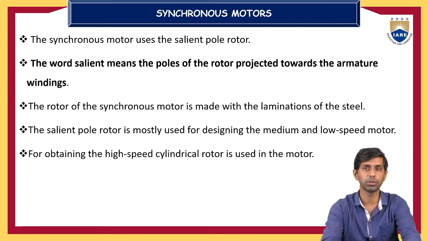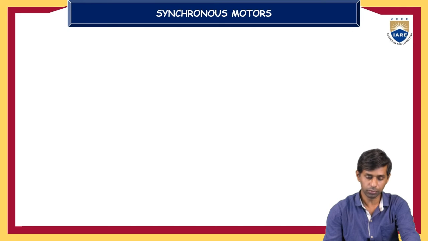You can obtain a maximum speed from the synchronous motor of 1500 rpm, or even 3000 rpm. But in the case of a projecting pole type rotor structure, the speed will be lower, because the number of poles is more compared to the cylindrical or wound rotor type synchronous motor.